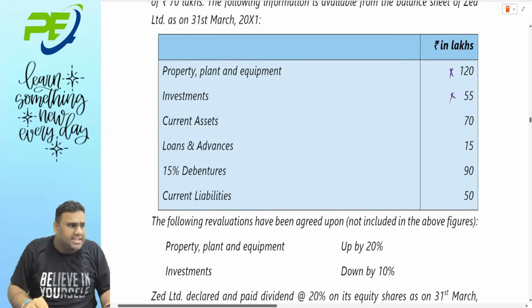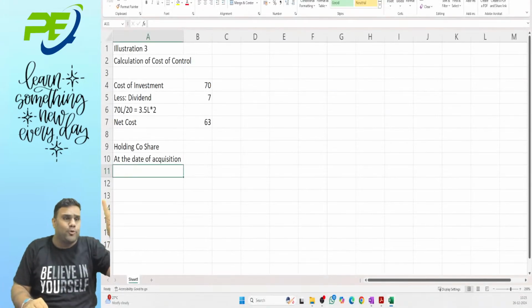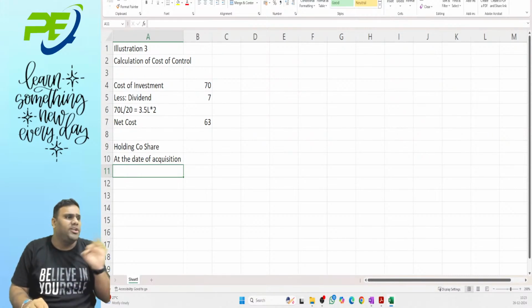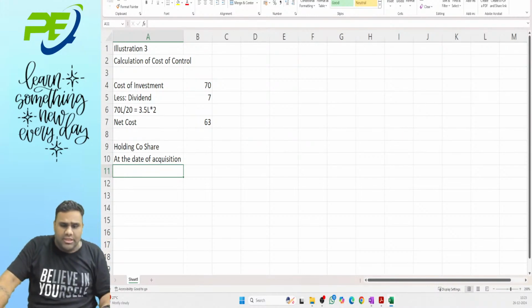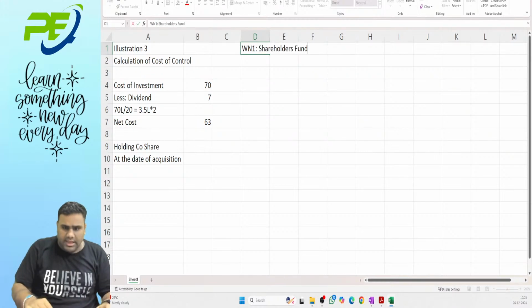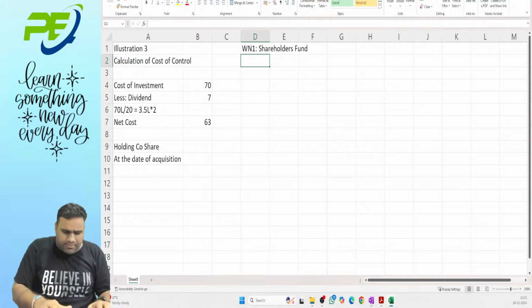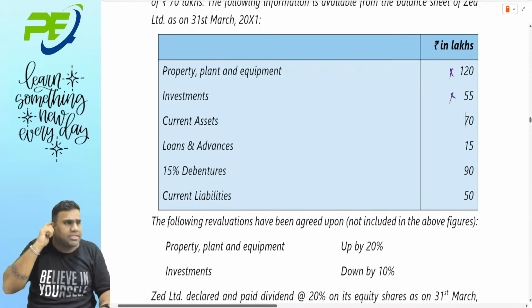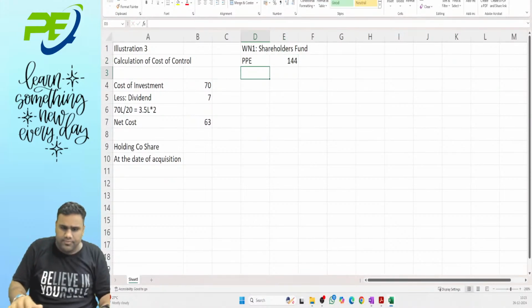So here, in the previous problems, we took share capital. In this problem, we will not take share capital; we will take shareholders fund in that 70%. So my working note 1 will be shareholders fund. Property, plant and equipment: how much? 120 plus 20%, 144.